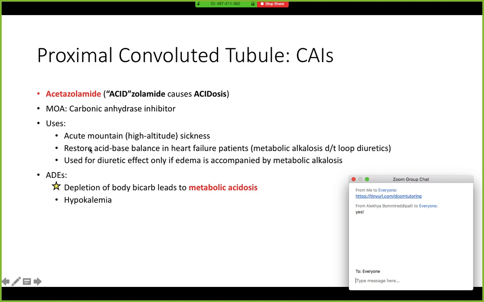You can use it to treat acute mountain sickness or to restore acid-base balance in heart failure patients, and this is due to the metabolic alkalosis caused by loop diuretics. But the take-home point here is that the use of acetazolamide is going to deplete the body of bicarb, leading to metabolic acidosis.